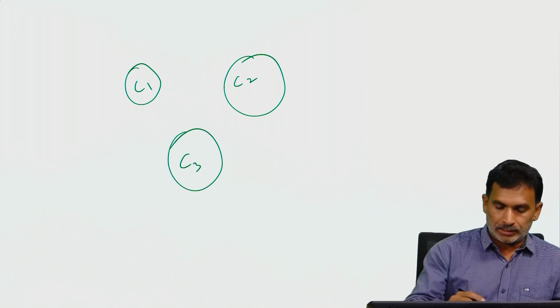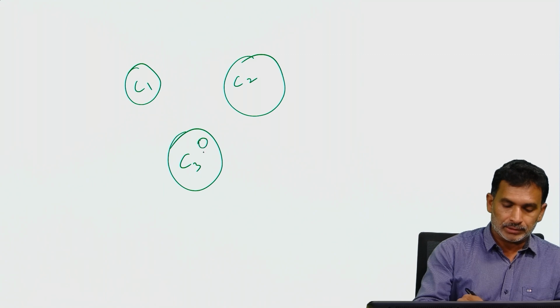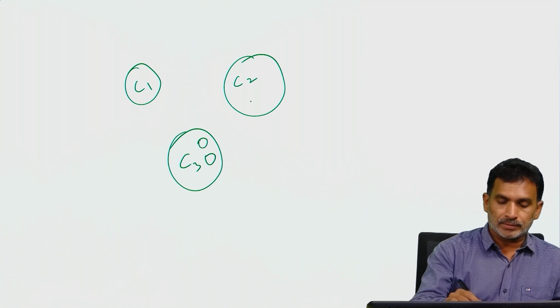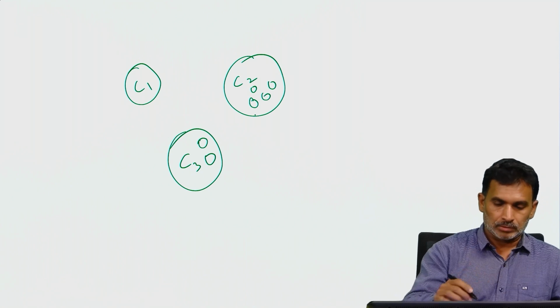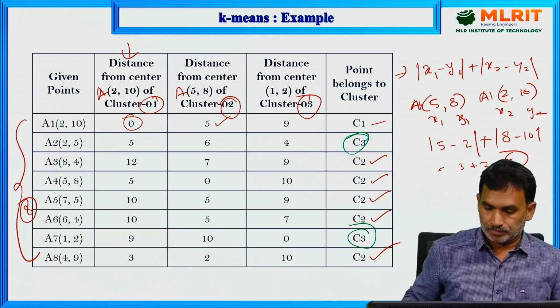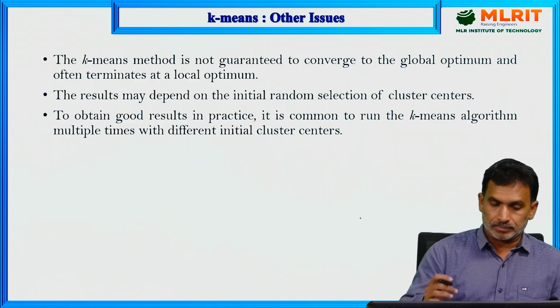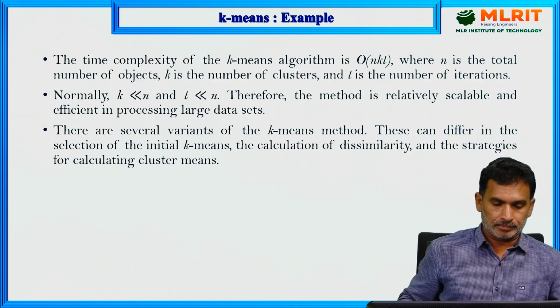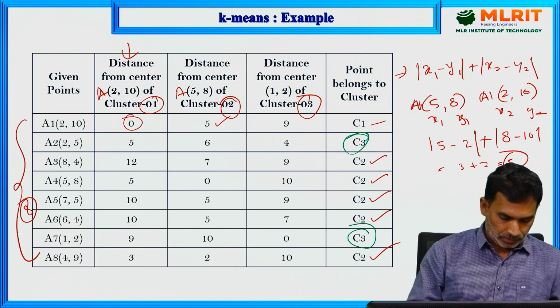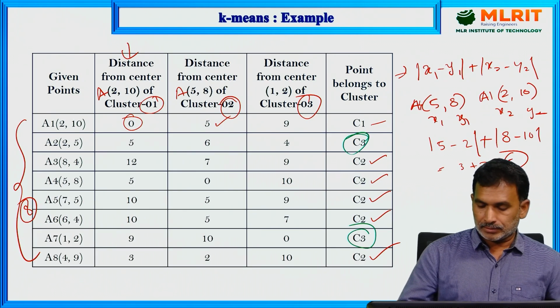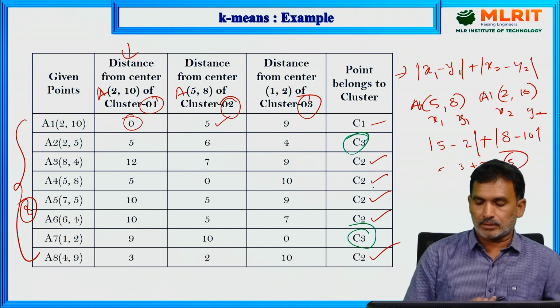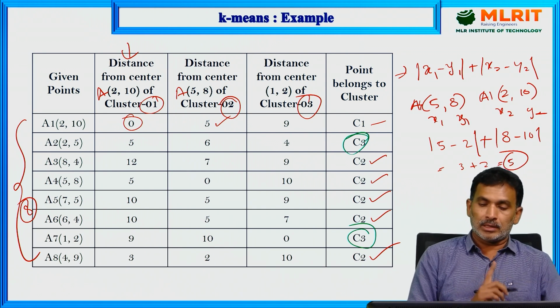So C3 has 2 data points and C2 has 5 data points, 1, 2, 3, 4, 5 data points. So C3 has 2 data points, C2 has 5 data points, and C1 has only 1 data point.